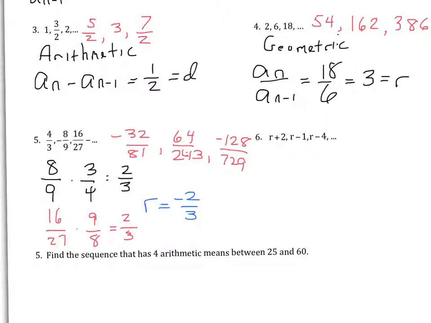Number 6, r plus 2, next term is r minus 1, and then r minus 4. So what is this going down by every time?